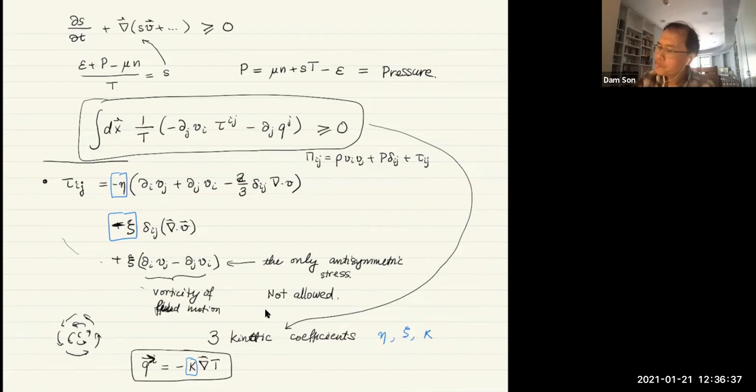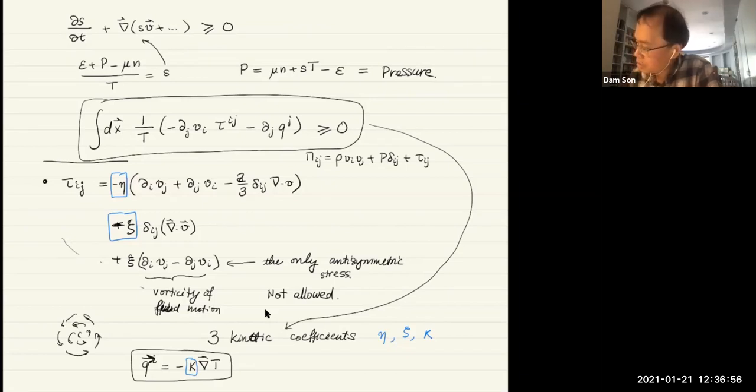Two related to the stress generated by the inhomogeneity or the differential flow, and these are called viscosity.